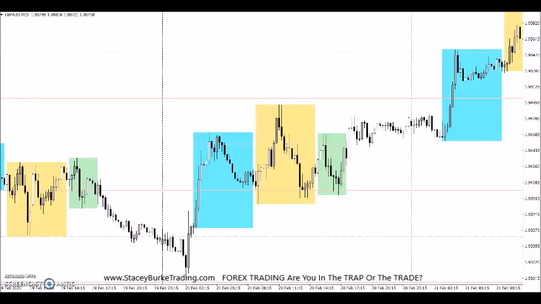Just continuing our discussion on the trap or trade, and also looking at the 3-hour blocks and the 12 candles at a time, just to give you a bit of insight into when the markets open in London, at the highs and the lows, at the equity opening times, round numbers, and how to position ourselves in line with what may be the trend and not get caught in the trap.